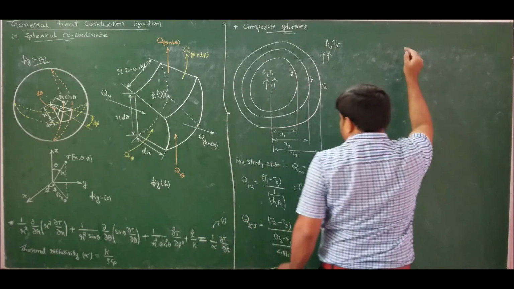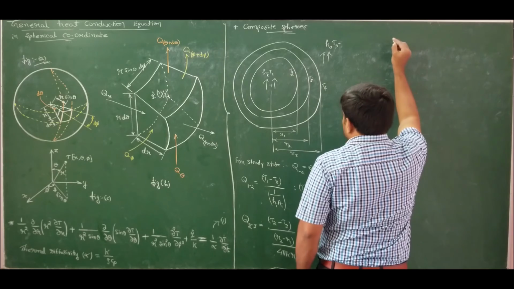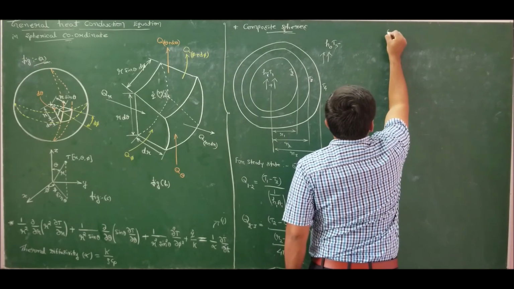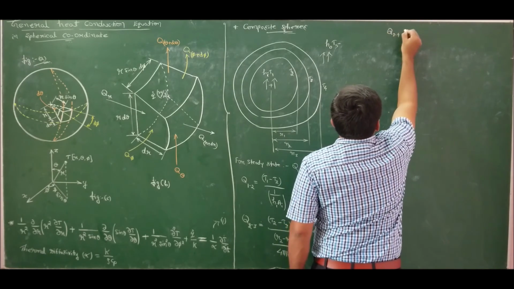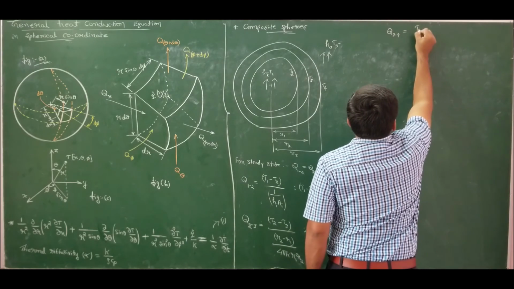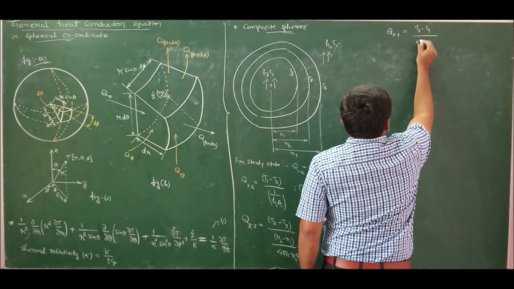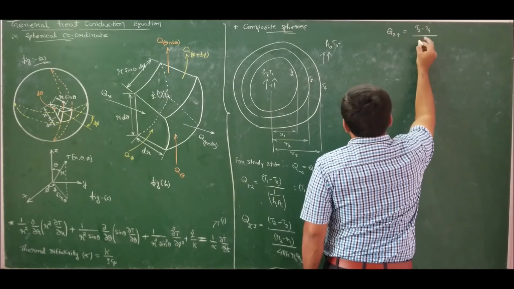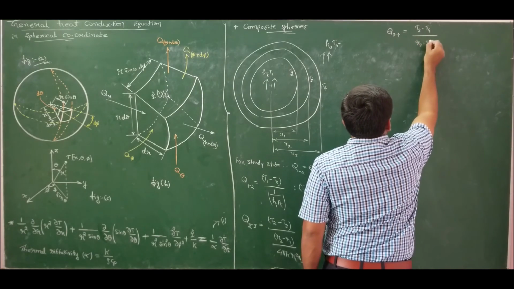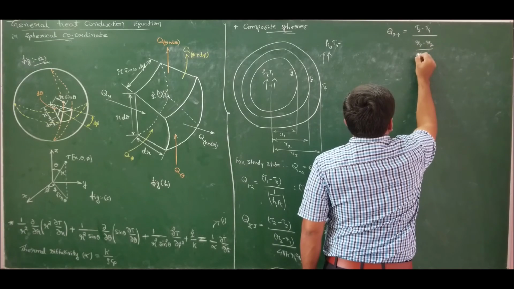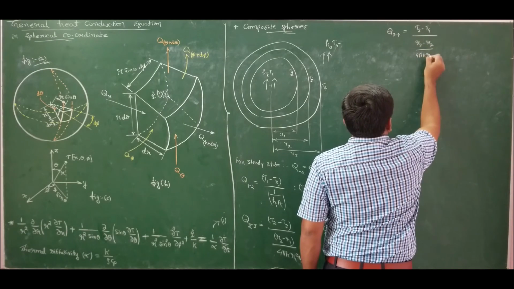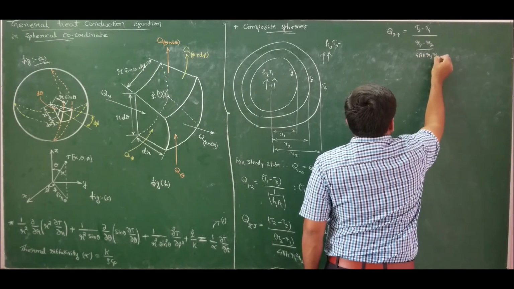Now the rate of heat transfer between 3 and 4, that is Q3 to 4, can be written as T3 minus T4 divided by R3 minus R2 divided by 4 pi K R3 R2.